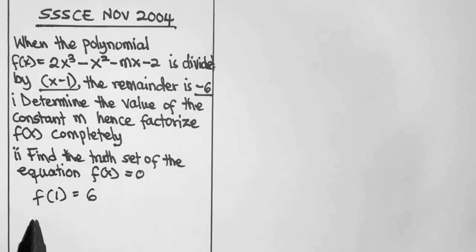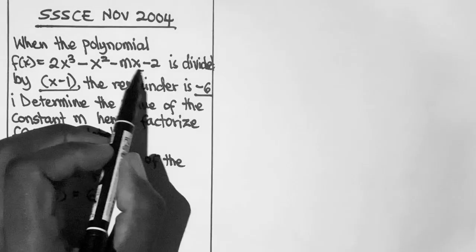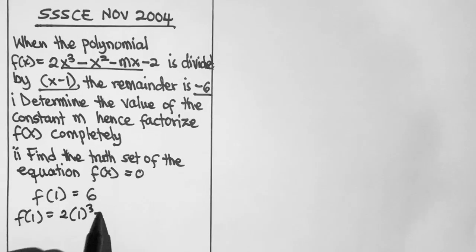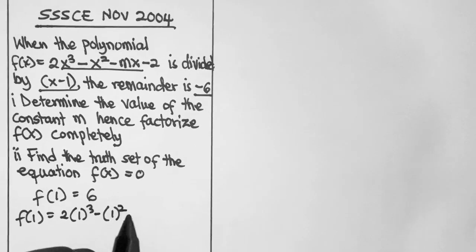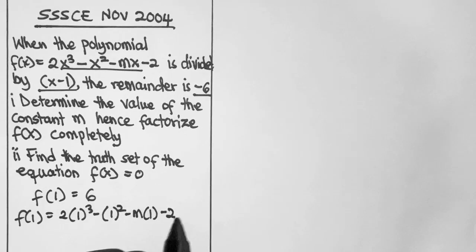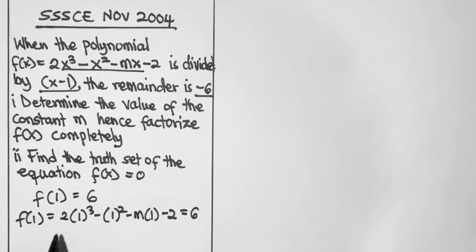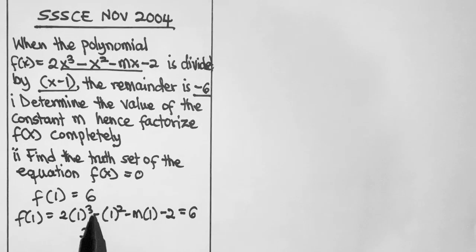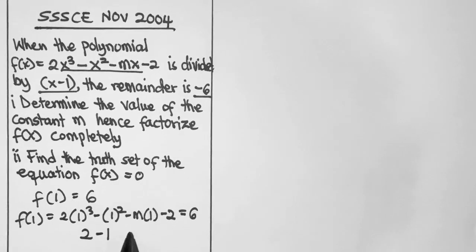So let's evaluate that. Now f of 1 is equal to, wherever you see x, put in 1. So it becomes 2 times 1 cubed minus 1 squared minus m times 1 minus 2, and that is equal to minus 6. So 1 cubed is 1 times 2 is 2. Then 1 squared is 1 times minus 1 is minus 1.